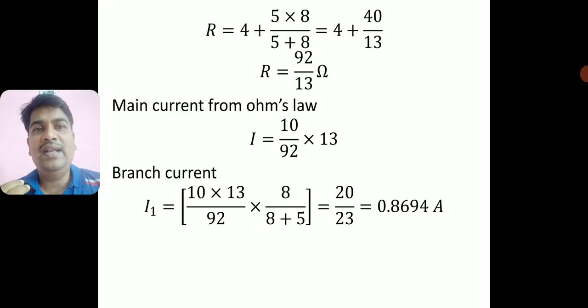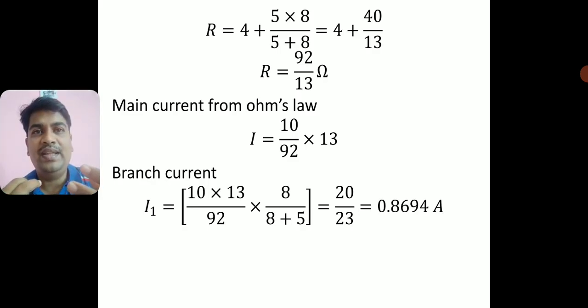Now my intention is to calculate the main current. Ohm's law tells you it is total voltage by total resistance. The total voltage is the 10 volt battery voltage, and the total resistance I calculated is 92 by 13. So I got the main current as 10 by 92 into 13.